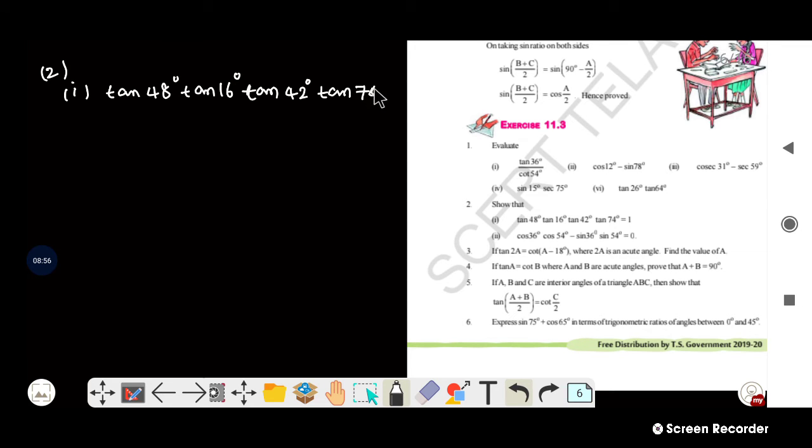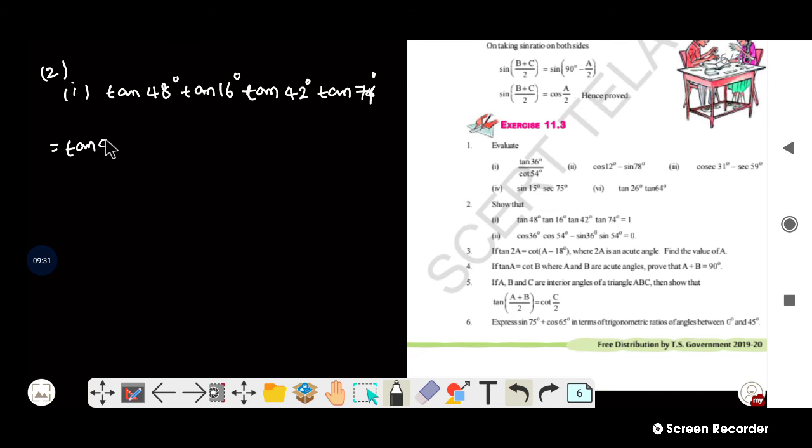Okay, just 1 minute, here I will write it. 74 degrees, right? Here 74 degrees. Now I want to evaluate that. First of all, tan 48 as it is. Tan 48 and tan 16 into tan, again I write this.